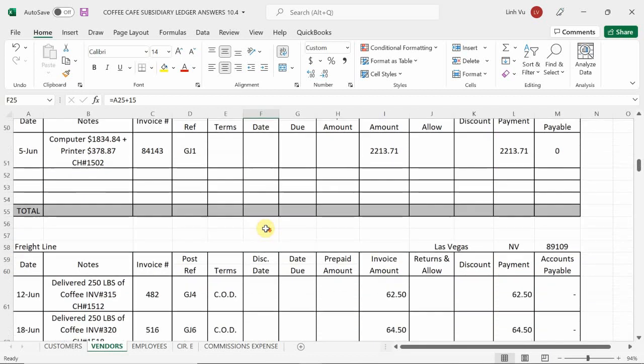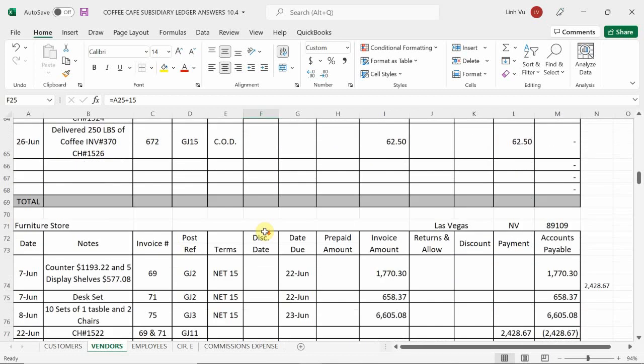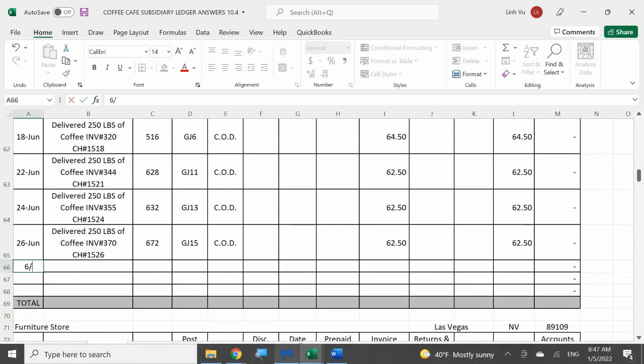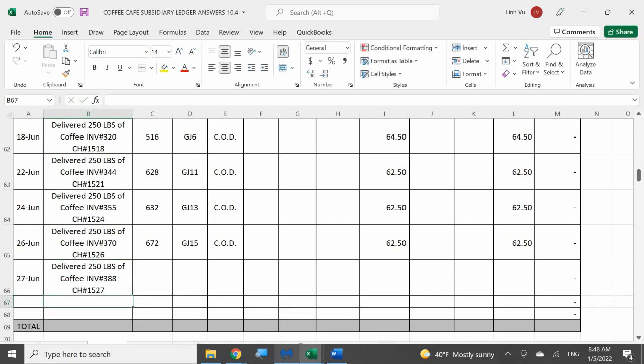And then, of course, we also have to do Freightline.